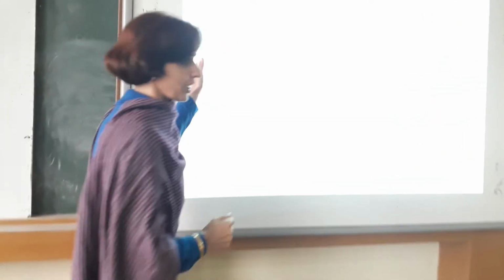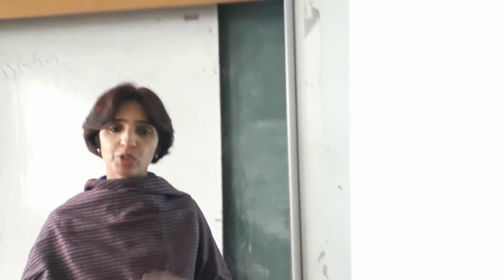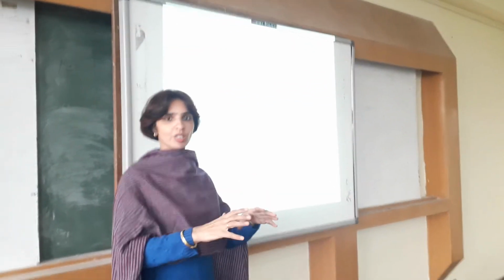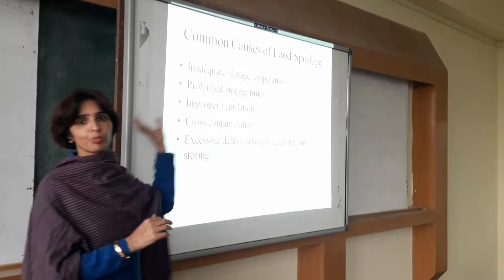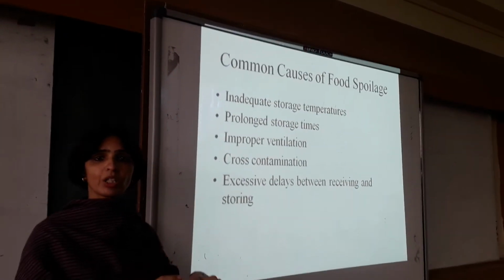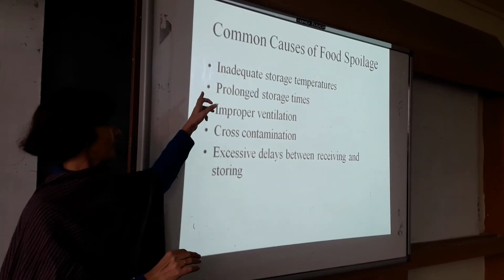Now what are the common causes of food spoilage? The first one is inadequate storage temperature, meaning the temperature at which the growth of a microorganism stops. If we are not providing that temperature at which the organism growth is resisted, the food gets spoiled.